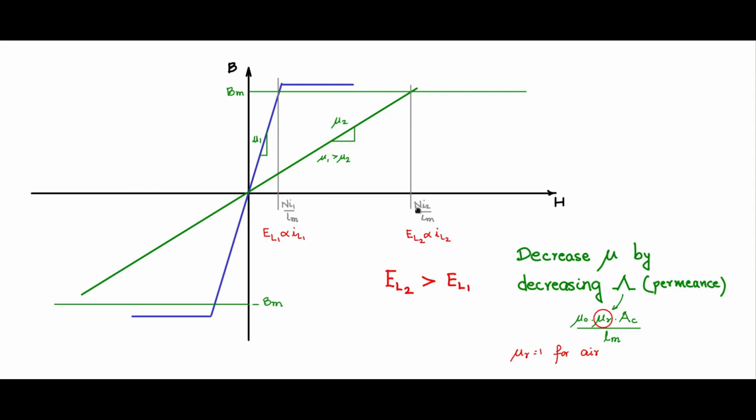So this way we try to maximize the energy storing capability of the inductor. One primary important feature of the inductor is that it should be capable of storing energy. So that is why we try to design an inductor which is capable of carrying higher and higher currents.